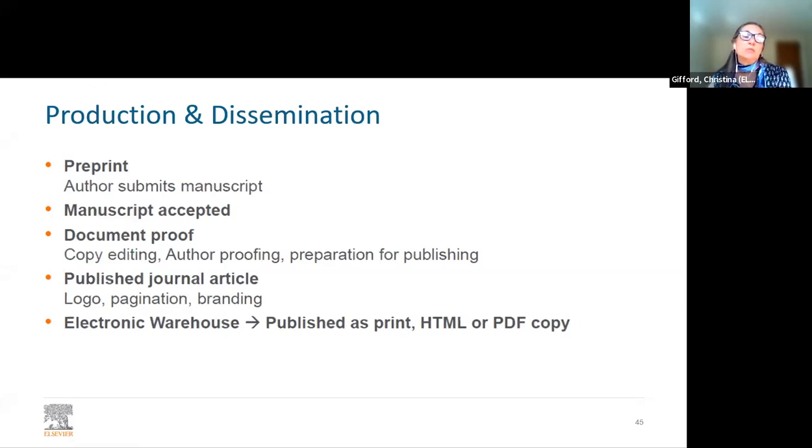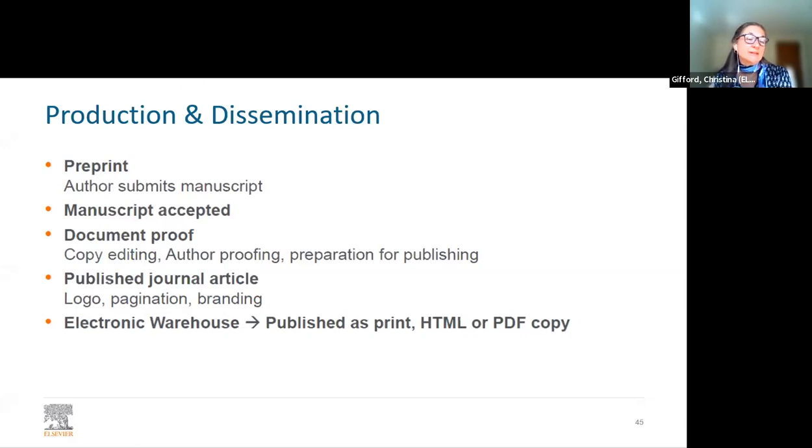And then once you've validated those proofs, we prepare it for publishing, which is the layout for actually appearing on the journal homepage. That includes logos, doing pagination, and branding and so forth.